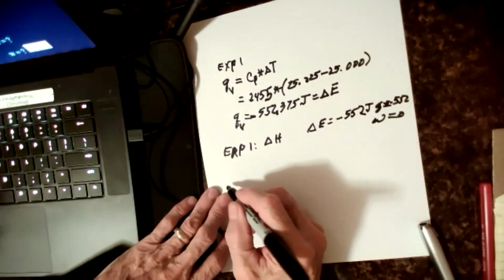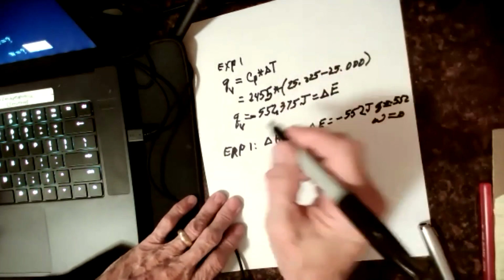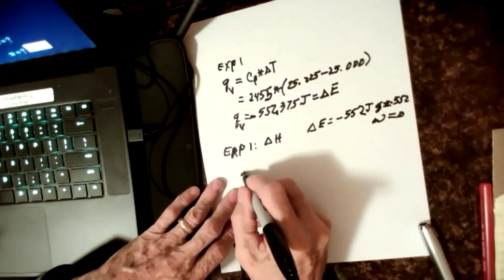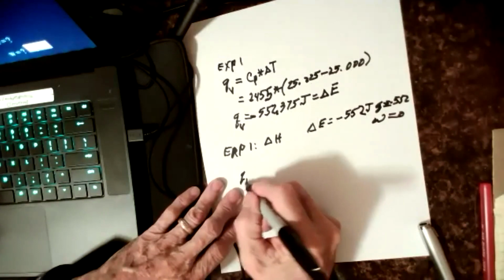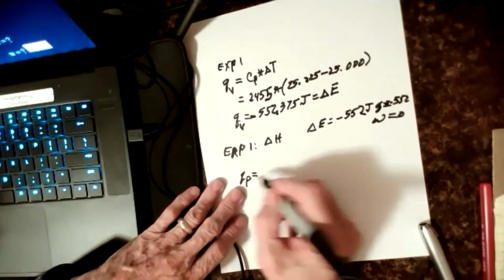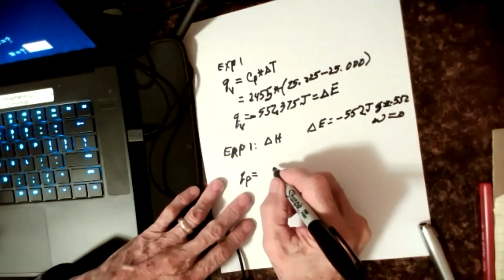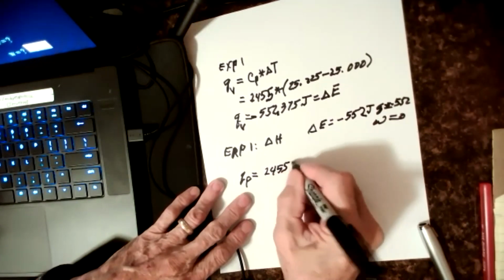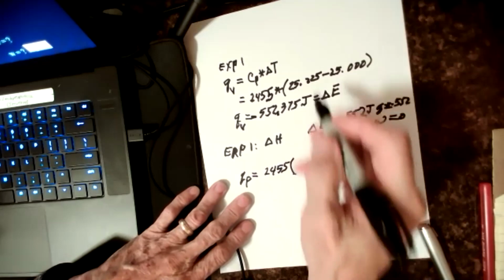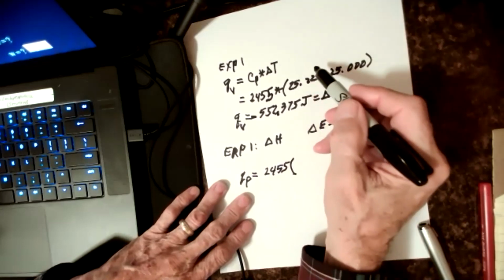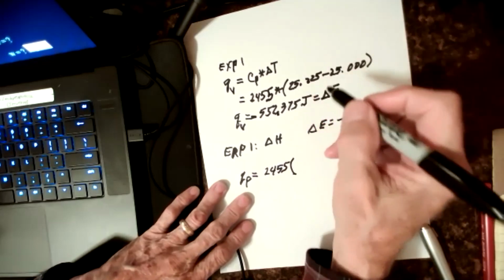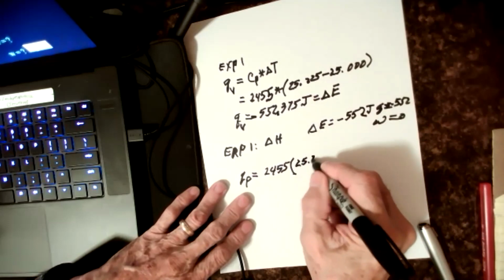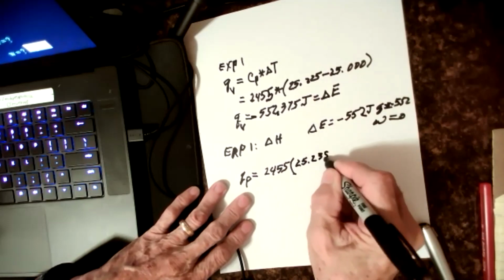Now let's go to experiment 2. And in experiment 2, what do we have? Okay, we had Q this time measured at constant pressure. It's still going to be CP delta T. The CP is 24.55. The temperature change for this one, 25.238 is the big number.